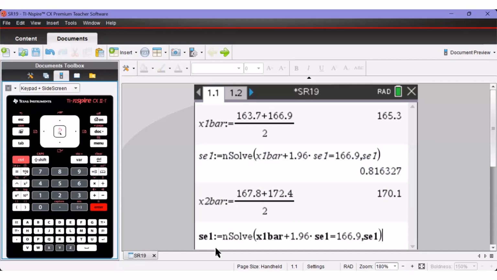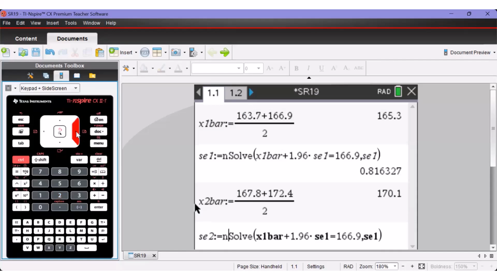form a second equation. We're going to let S2 be the sample standard deviation for the sample size n. We're going to assign SE2 to be S2 on root n.